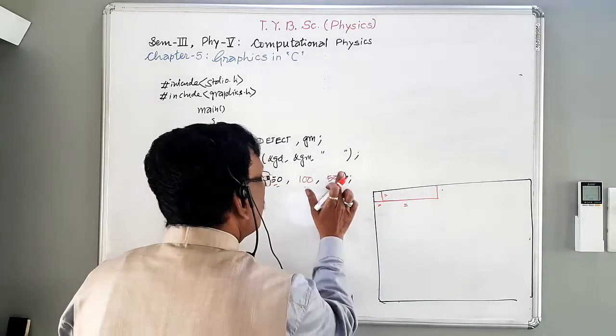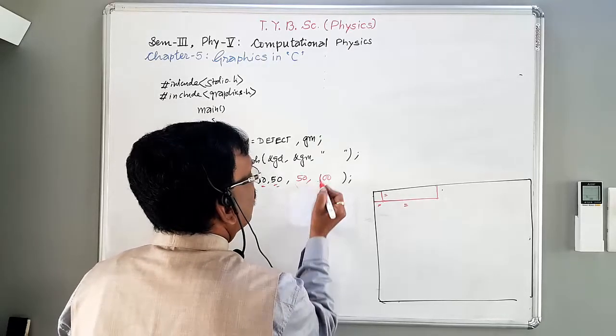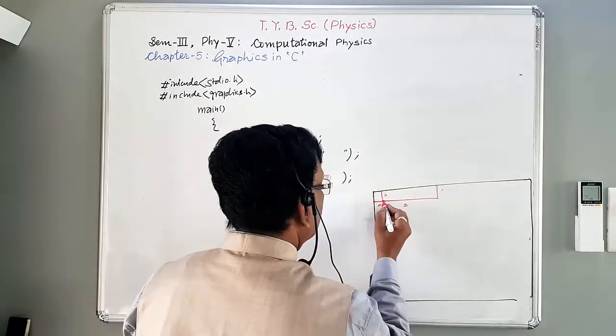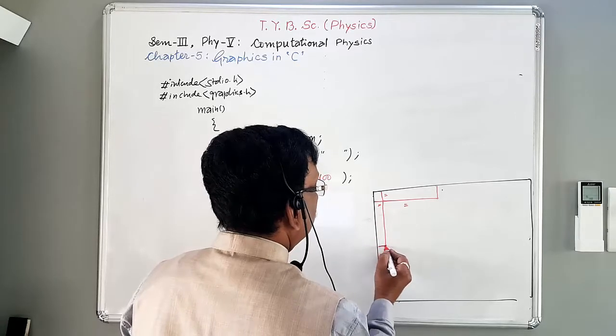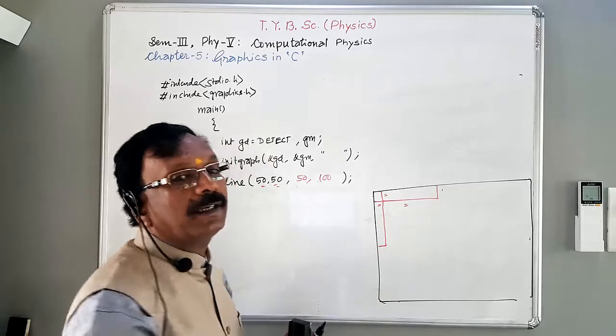If we change the coordinates, suppose 50 and 100, then instead of this line we will get this line, whose initial coordinates are 50, 50 and final coordinates are 50, 100.